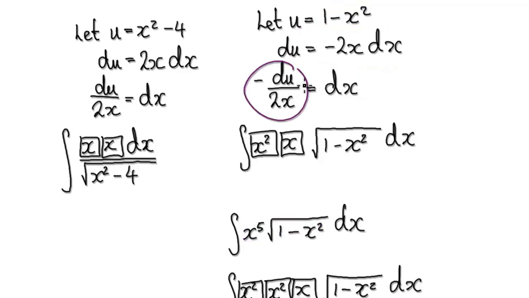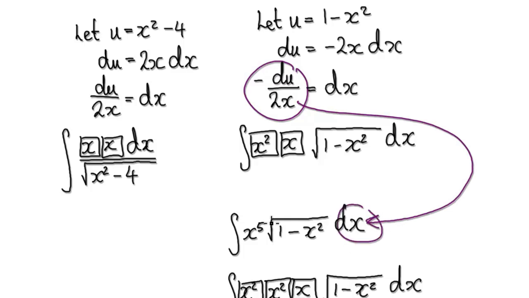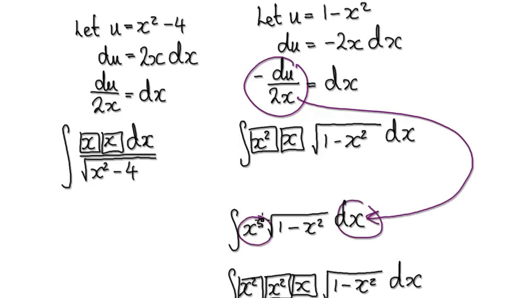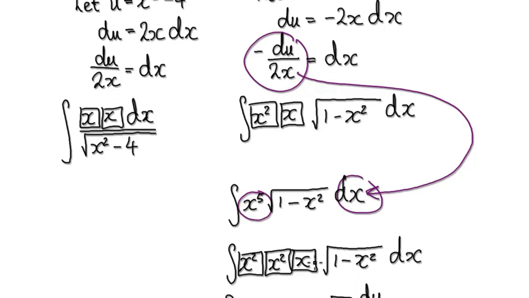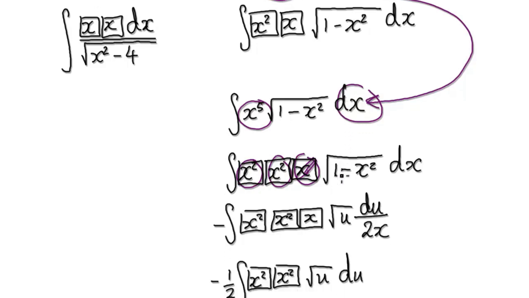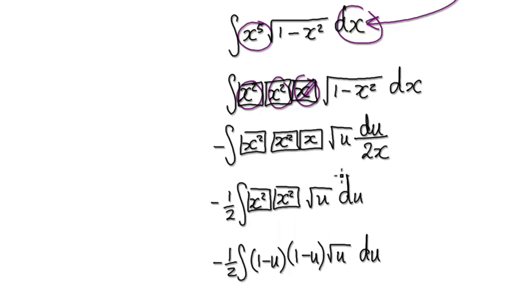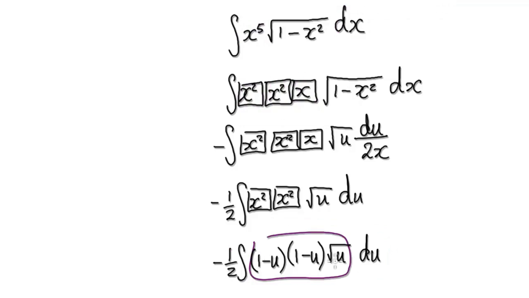If you put this into here, and then visualize this as a block of x, because you need to extract this block of x so that it will cancel out with this x here, now you've got x squared, so you can easily translate it. It will become something like this. It may look ugly, but it will be easy to integrate.